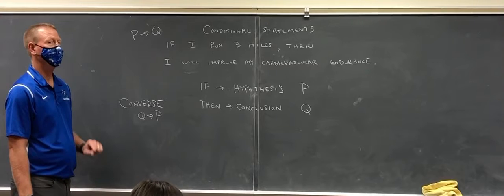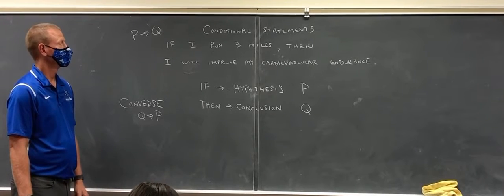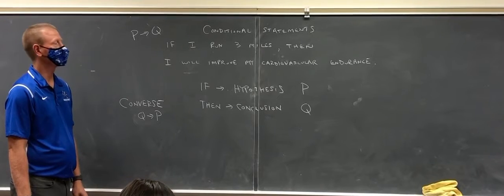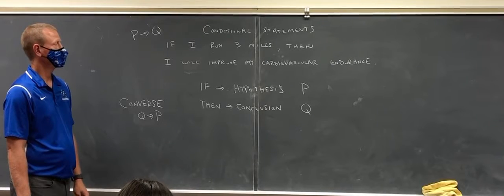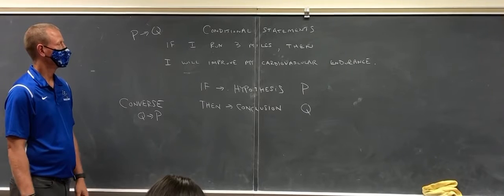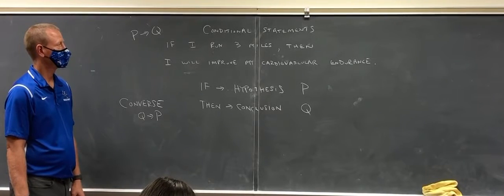Okay, now remember we got to keep the words if and then in our sentence. You had the right order. Just try and incorporate those 2 words, and you may have to change the verb tense. If I want to improve my cardiovascular endurance, then I'll run 3 miles a day.